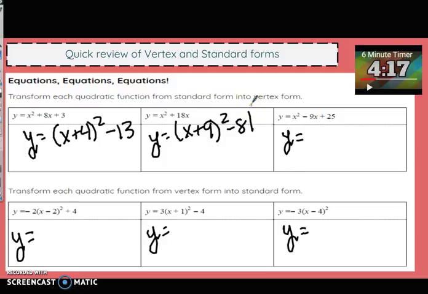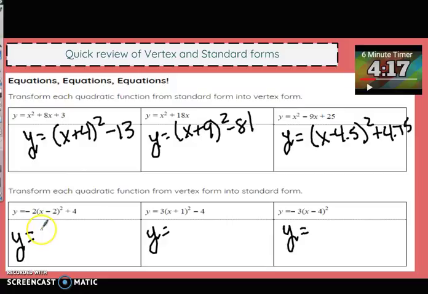Okay. Table 6, what did y'all get on the third one? X minus 4.5 squared plus 4.75.